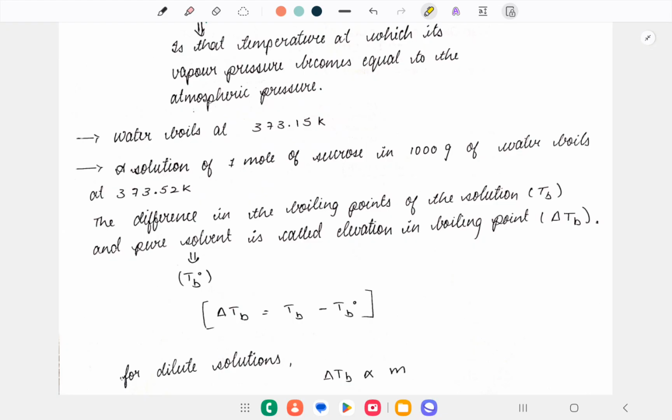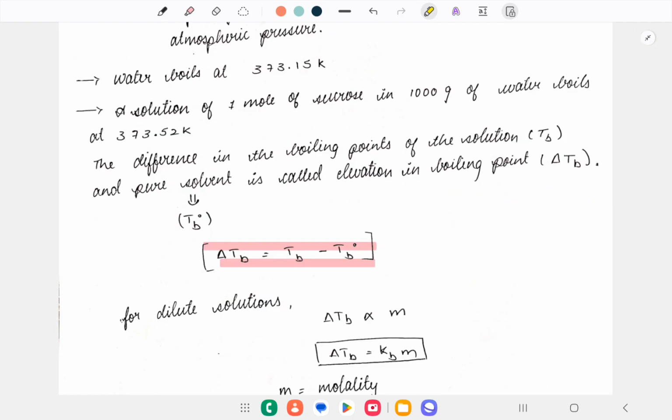The difference in the boiling points of the solution and the pure solvent is called the elevation in the boiling point. This is a colligative property because the elevation in the boiling point depends only upon the number of solute molecules rather than their nature.